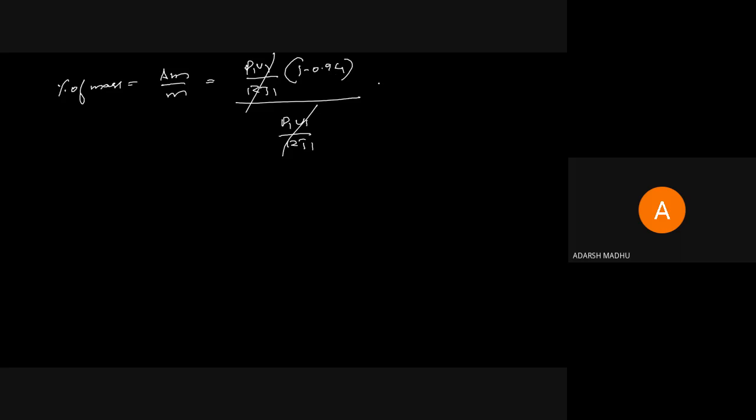So 1 minus 0.94 into 100% is the percentage of mass escaped with respect to M1. That is 0.06 into 100, 6%.